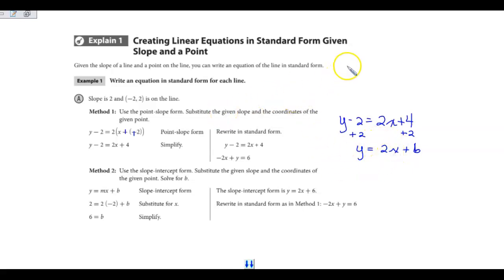Because we know that it is ax plus by equals c, I want the x term to go in front of the y term. So I'm going to subtract 2x from both sides. And I am going to then have negative 2x plus y equals 6.